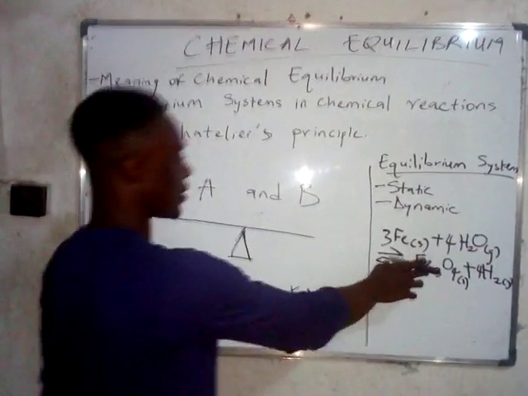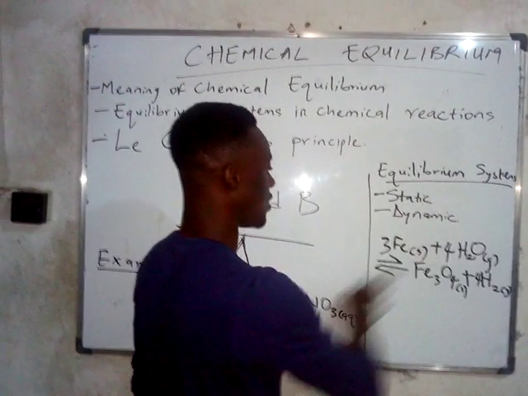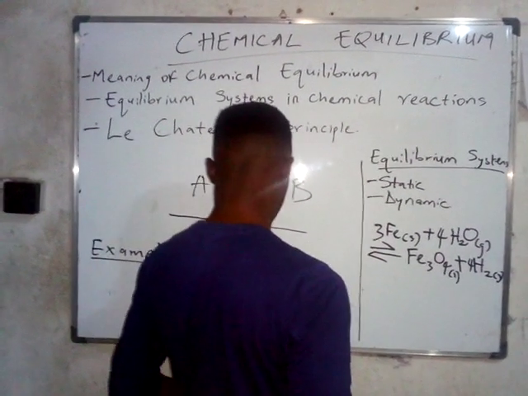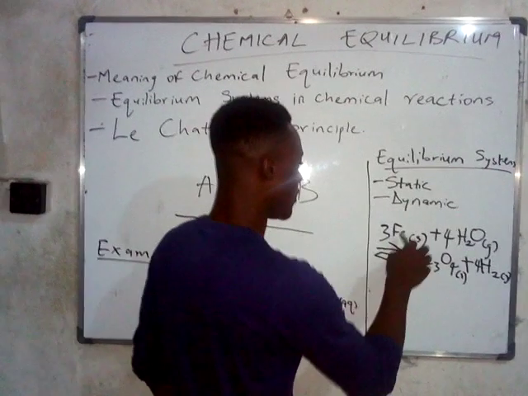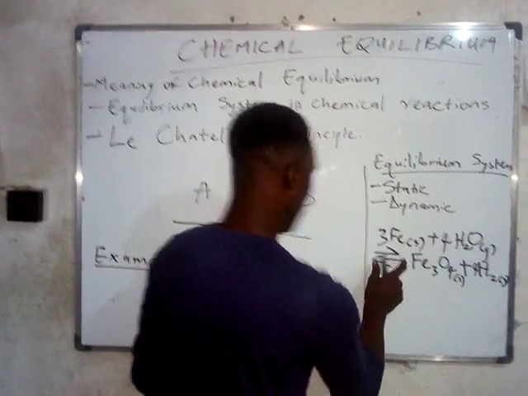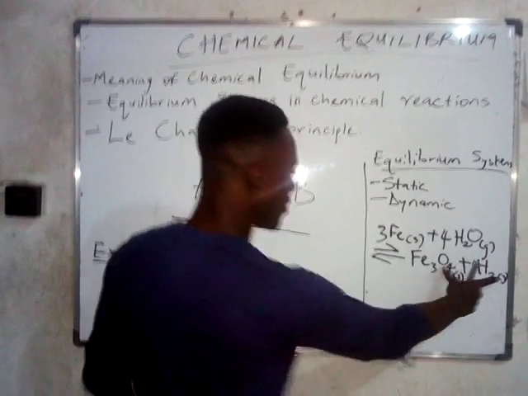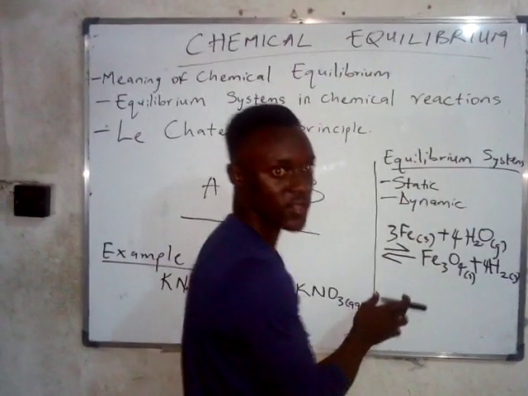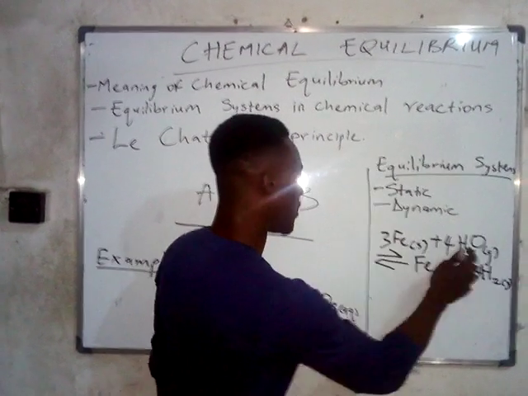Now this system, as we see here, occurs under the same condition, where you have this occurring at great heat, and then this occurring also at great heat. So the forward and backward reactions both occur at great heat.